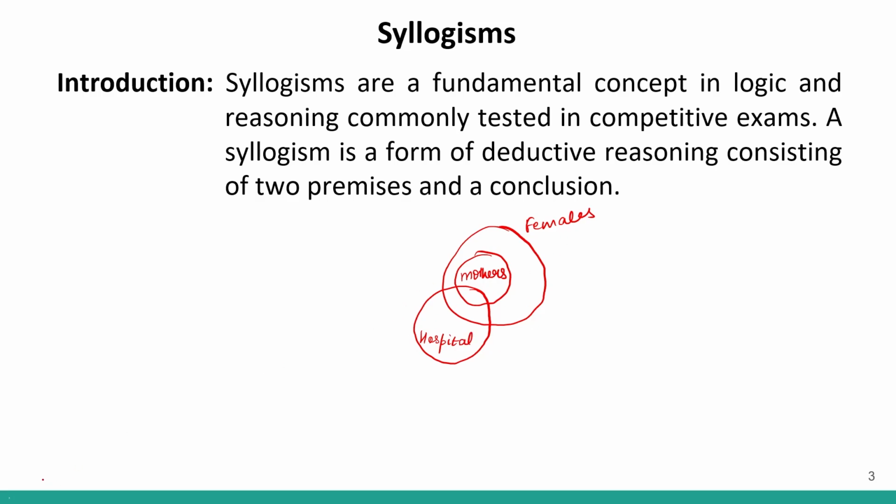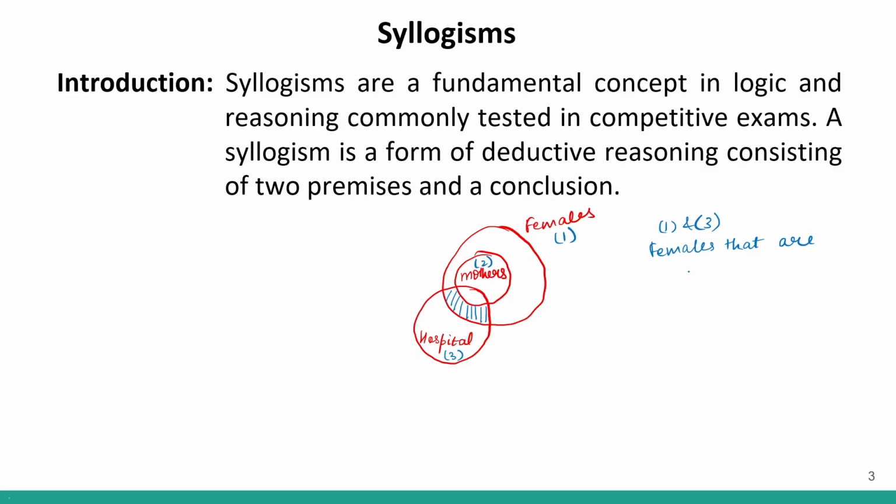Now if you look at the overlapping, let me name the circles. Females is circle 1, mothers is circle 2, and hospital is circle 3. This part represents the overlapping of 1 and 3, which basically means females that are working in hospital.